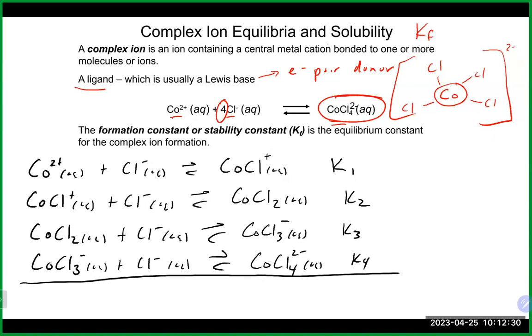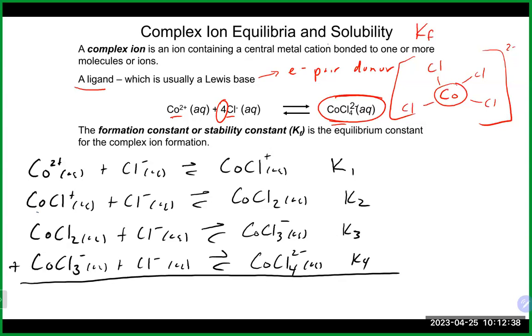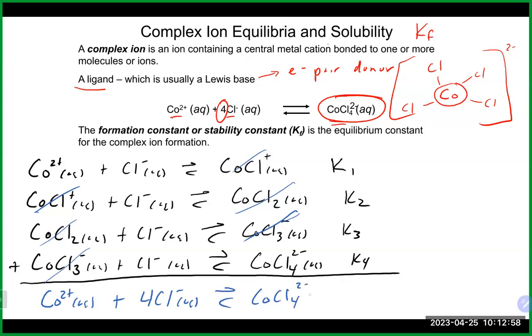And again, if we were to add up all these reactions together, this and this would cancel, that and that would cancel, this and that would cancel. That would leave us the overall reaction that we see up on top, which is the cobalt gets 4 chlorides if you add all those together, and we get our complex ion at the end.